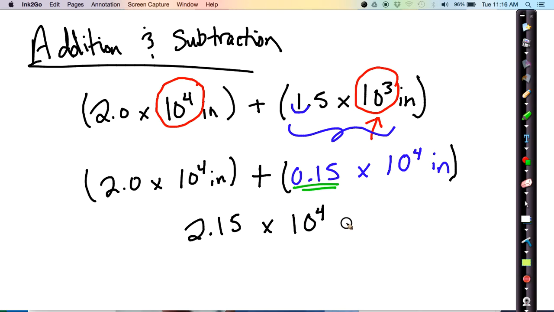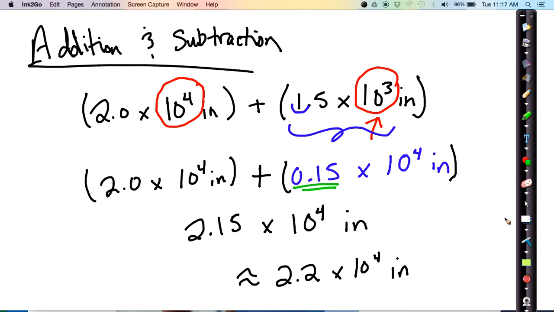We're adding, so there is no change in dimension. It's still just inches, 2.15 times 10 to the fourth inches. And actually with sig figs, this is going to round to 2.2 times 10 to the fourth inches. We don't have to worry about that just yet. We'll learn about sig figs later this week. So that's an example of adding numbers in scientific notation.